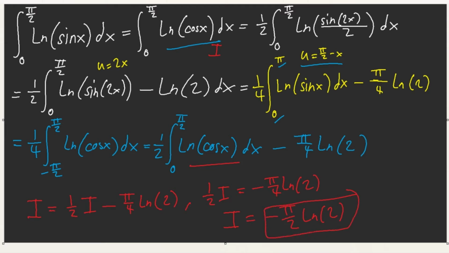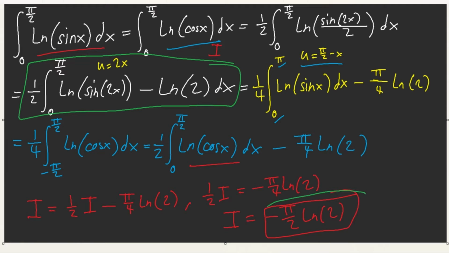And that's where this answer comes from. The ln of 2, honestly, as soon as you get to here, this should already help you memorize that the answer to the integral of ln of sine of x from 0 to pi over 2 is equal to negative pi over 2 ln of 2 because of this.